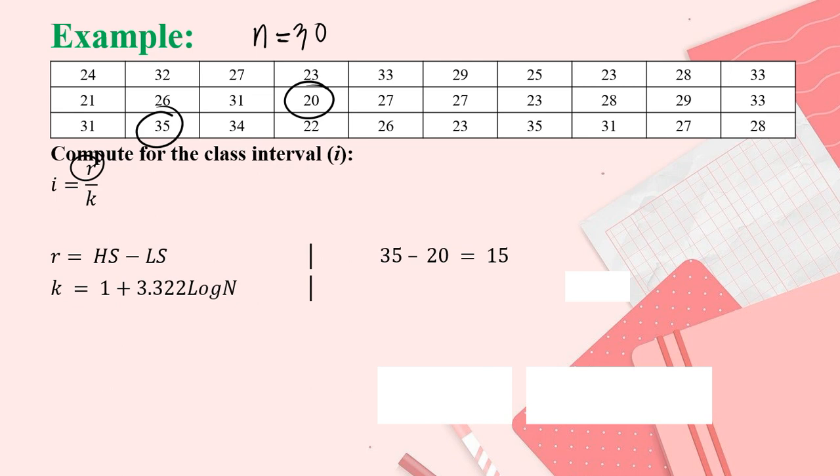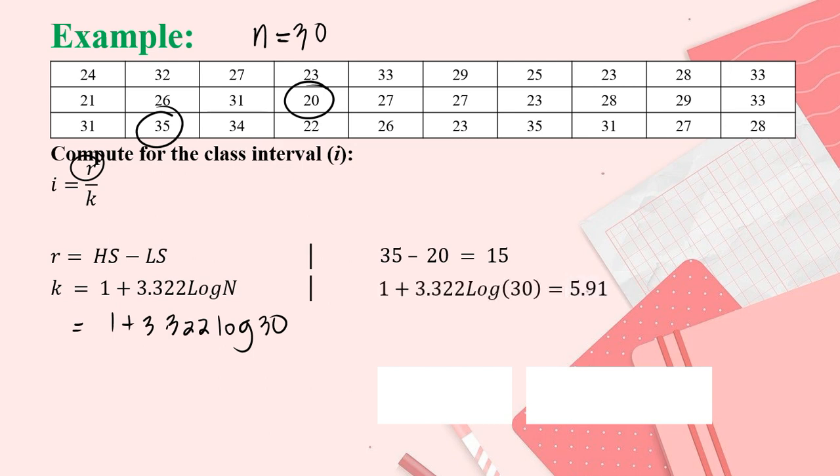Let's have our K. For K, we have 1 plus 3.322 log of n, where n is 30. So let's put it in the calculator.